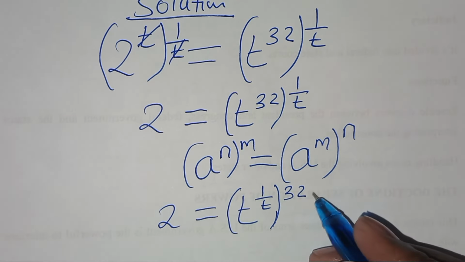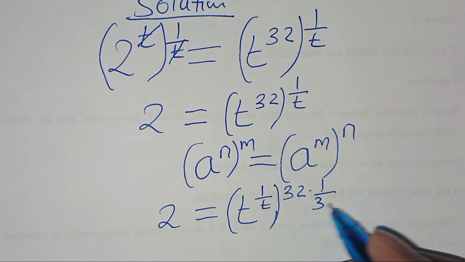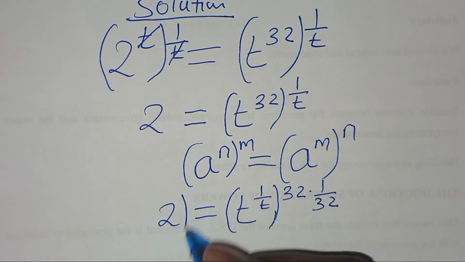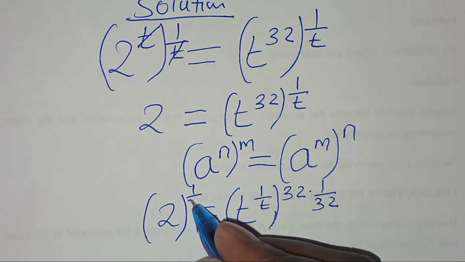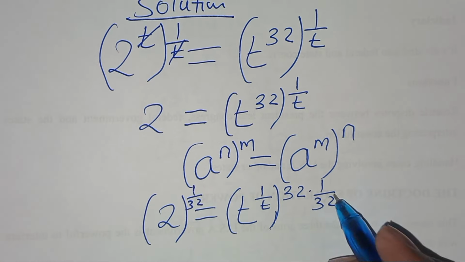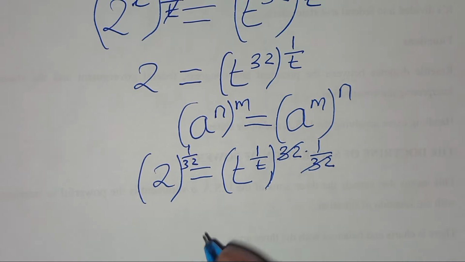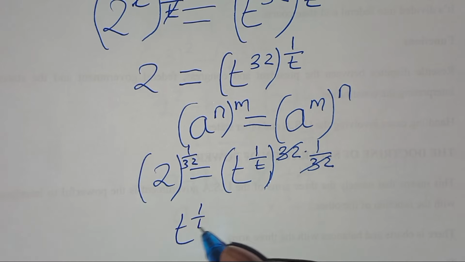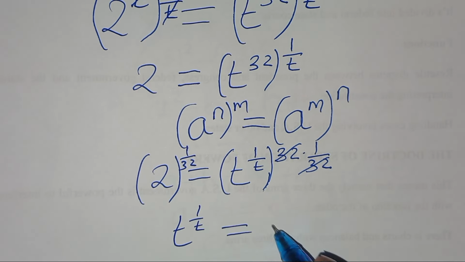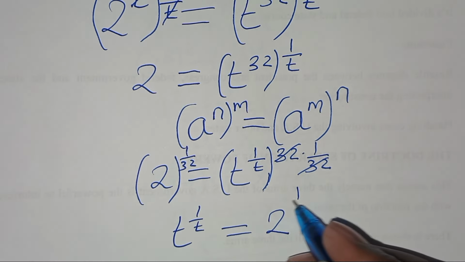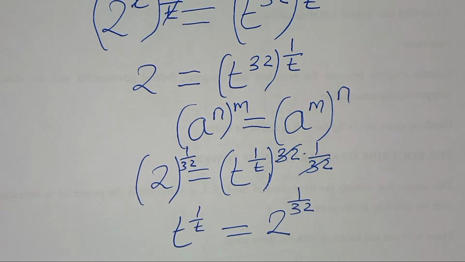So here we multiply both sides by 1 over 32, to ensure that we have the variable t on one side. We have t to power 1 over t equal to 2 to power 1 over 32.